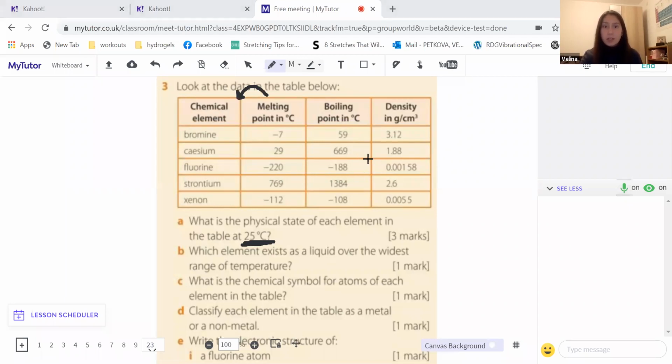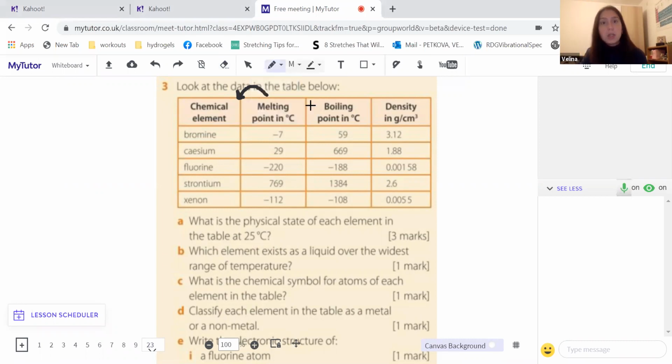Because 25 degrees is significantly higher than the boiling point. What about strontium? Yeah, brilliant. So strontium will be a solid and xenon will be a gas, exactly, okay.